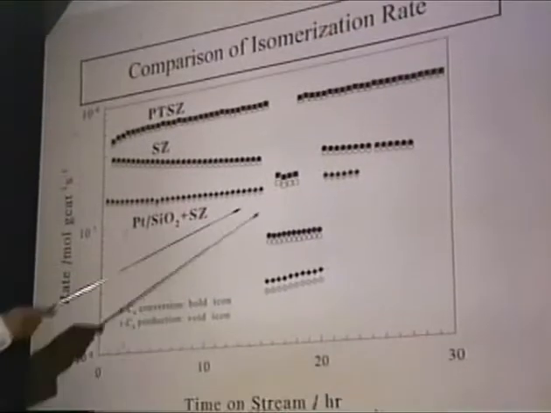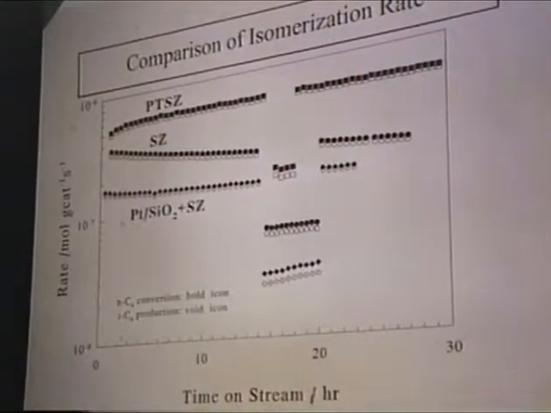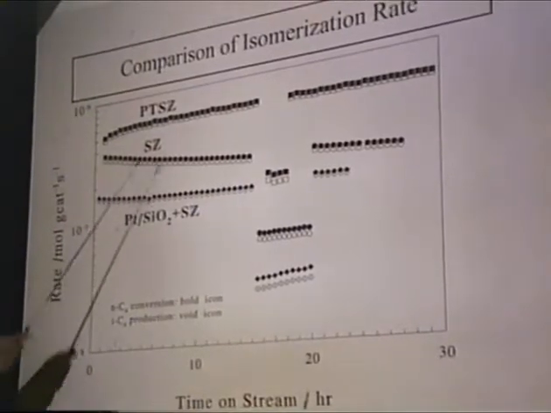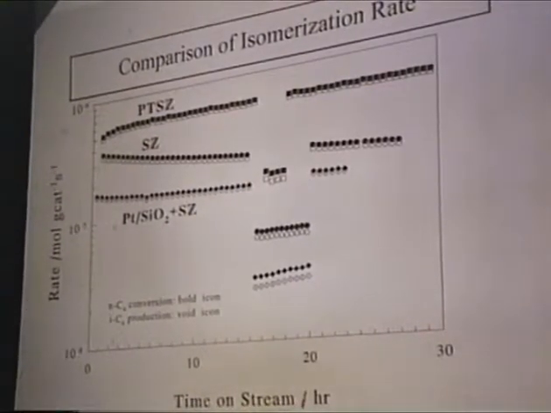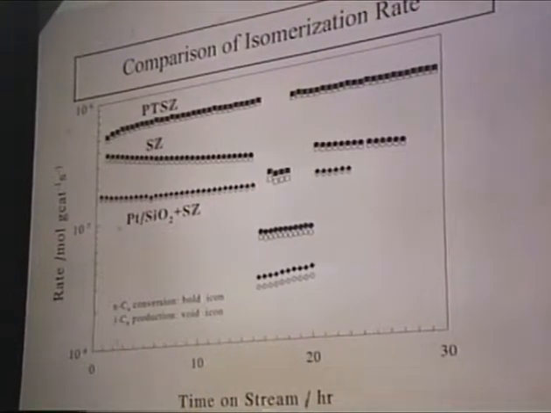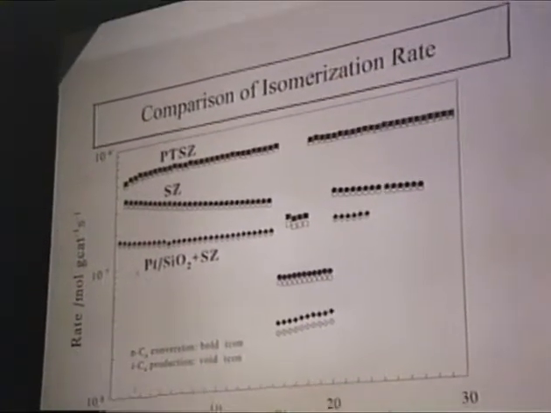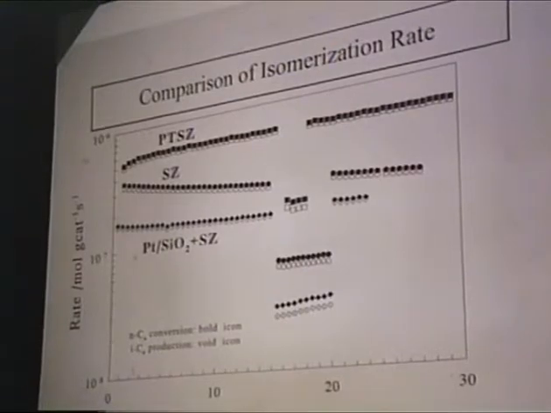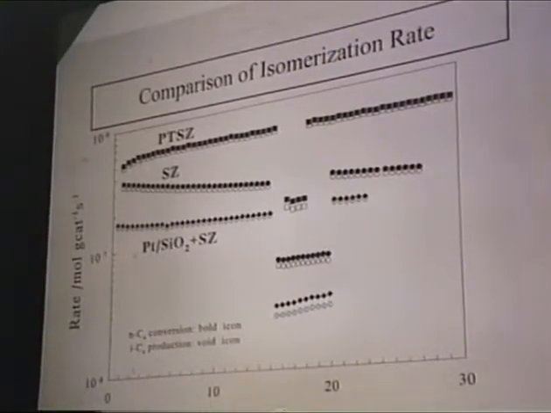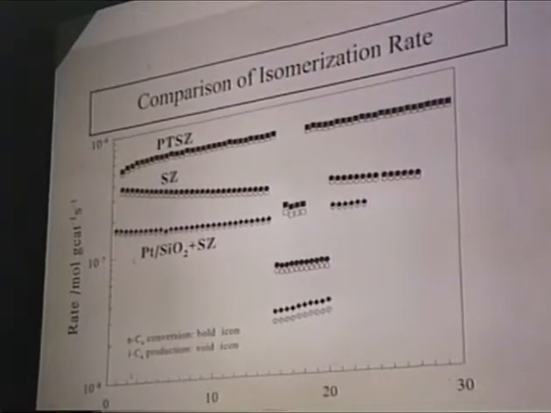And by increasing the hydrogen here, you can find a negative order by the hydrogen effect. And therefore, what we think is that olefin is an intermediate, and Professor Sachtler suggested that if we put a little butene in the feed, we'd be able to increase the reaction rate.